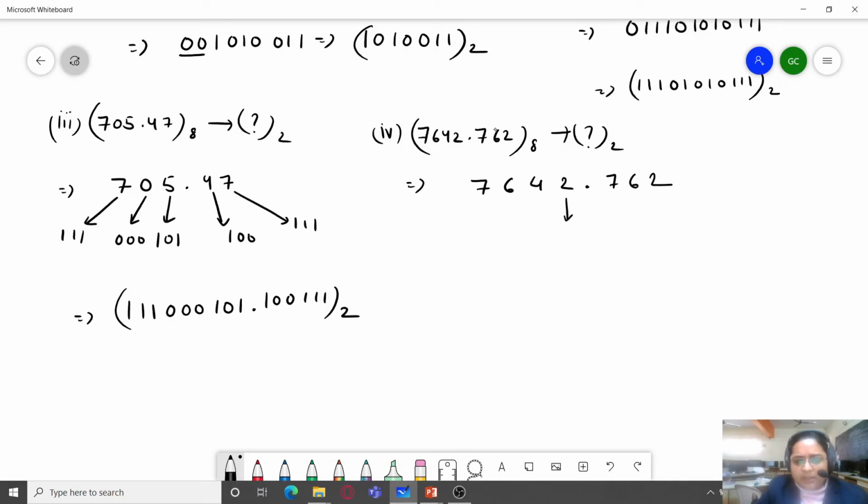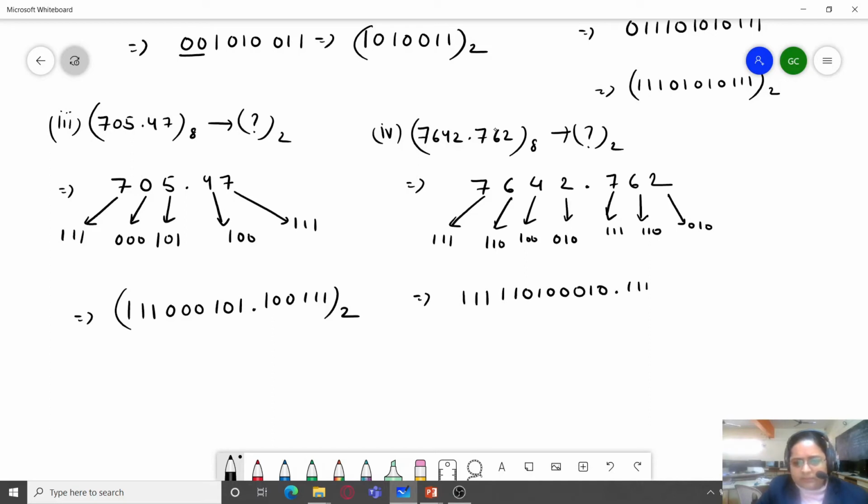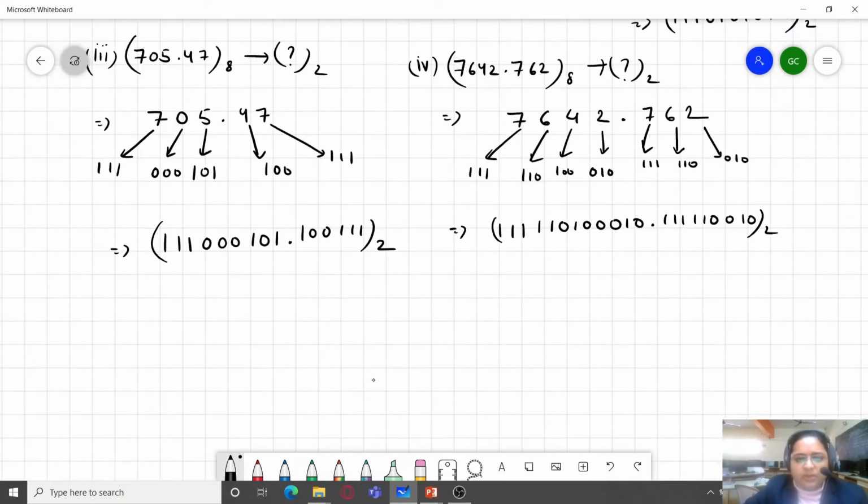Again we write the binary equivalents. Now we quickly write all the bits. So this is the binary equivalent of the octal number.